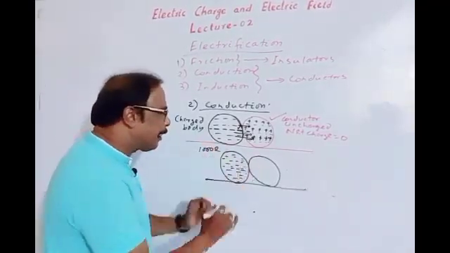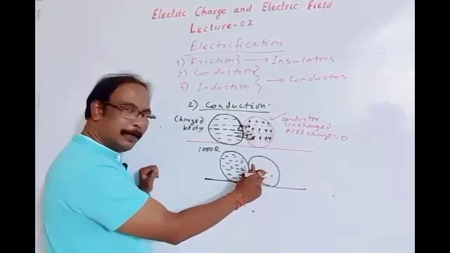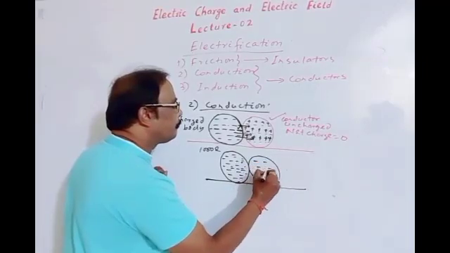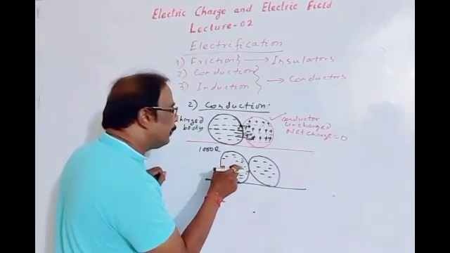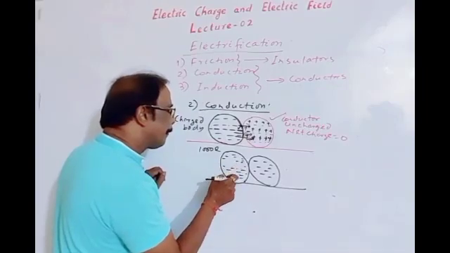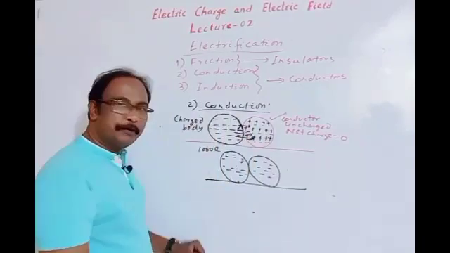When these bodies are brought in contact, electrons flow to the uncharged conductor, and the number of electrons in this body will decrease.